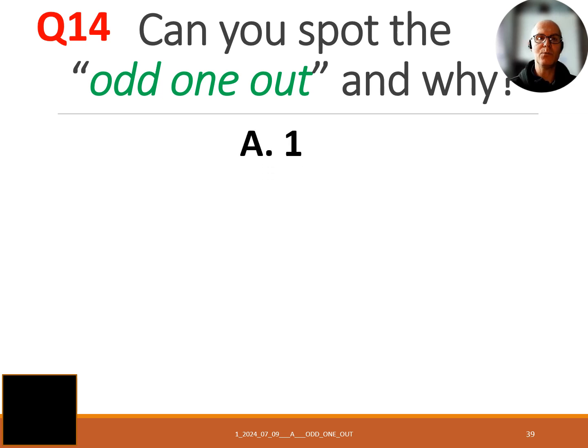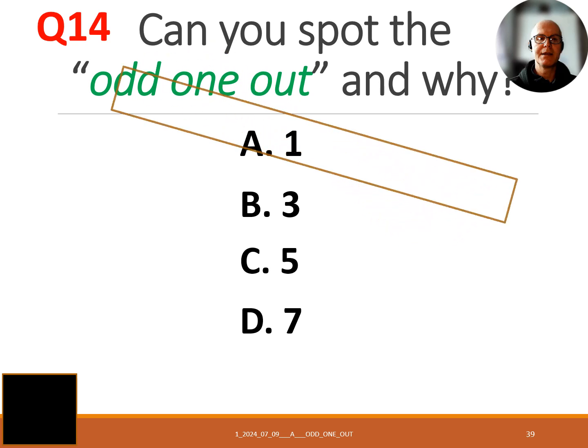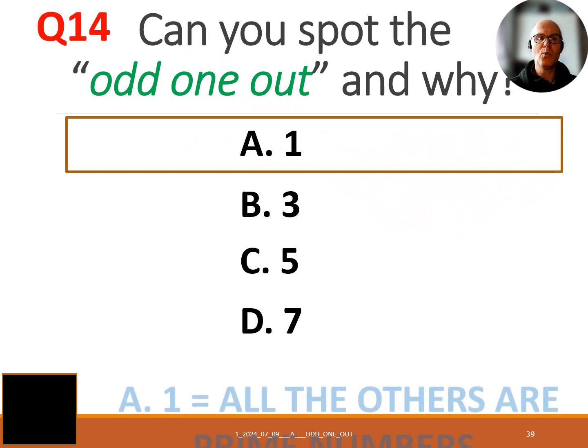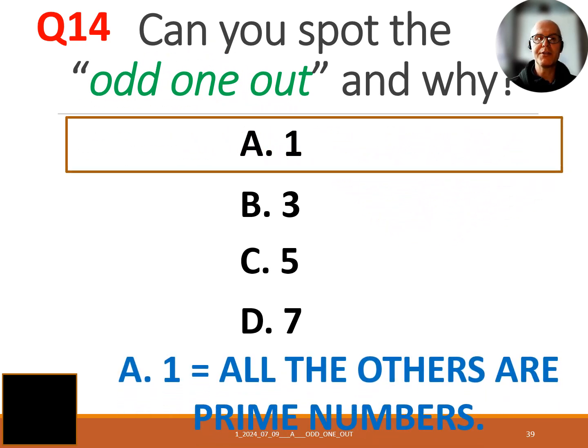Question 14. A, 1, B, 3, C, 5, D, 7. What's the odd one out here and why? The answer is A, 1, because all the others are prime numbers. 3 is prime, 5 is prime, and 7 is prime, but 1 is not prime.